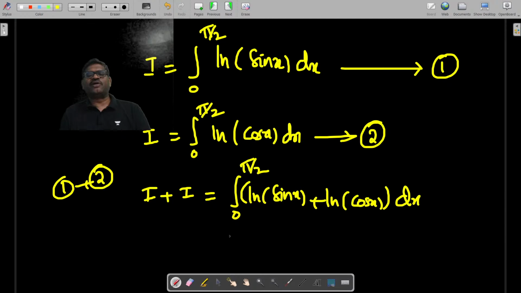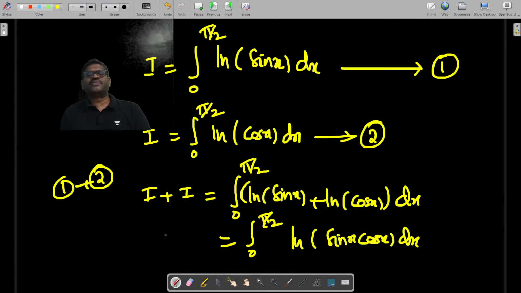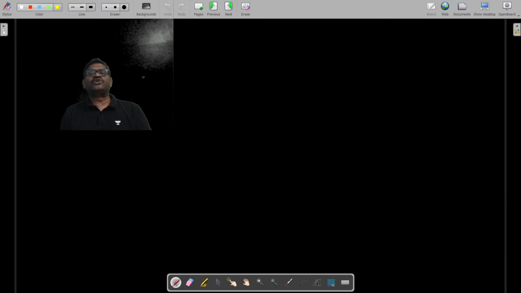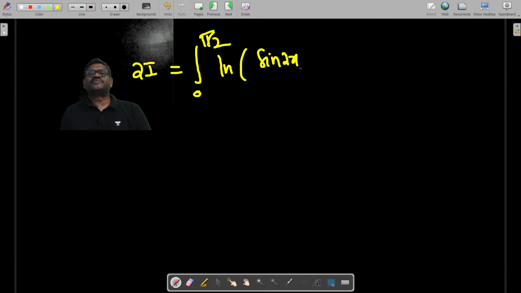Log m plus log n is log mn, so log of sin x into cos x dx. So 2I equal to integral 0 to pi by 2 log sin x cos x, which can be written as sin 2x by 2, dx.